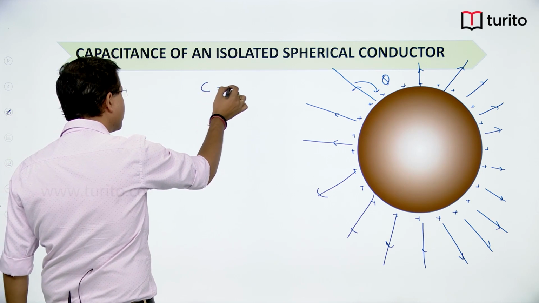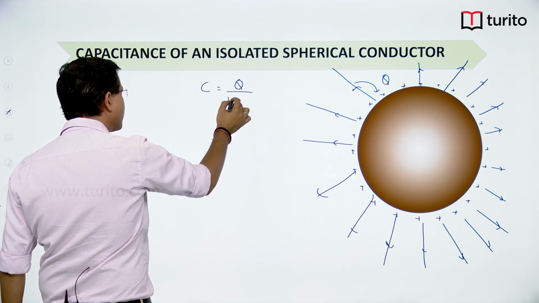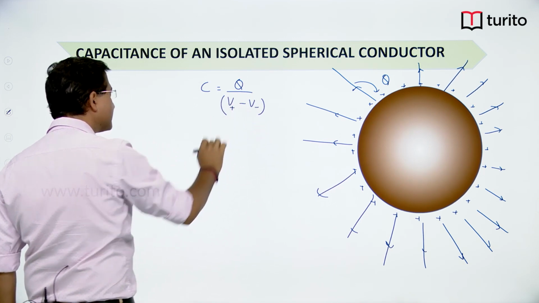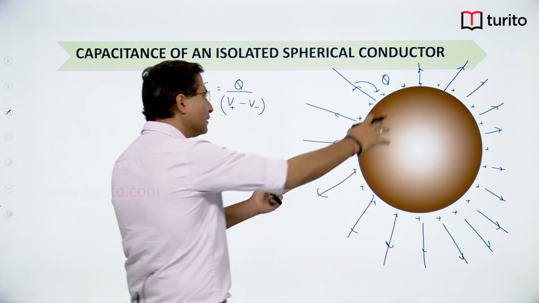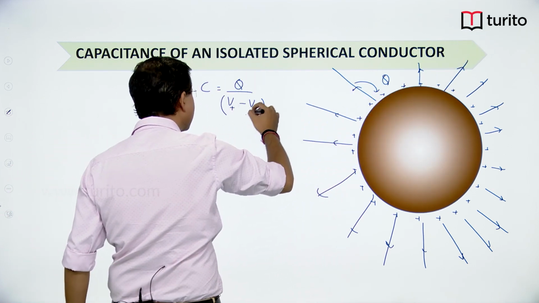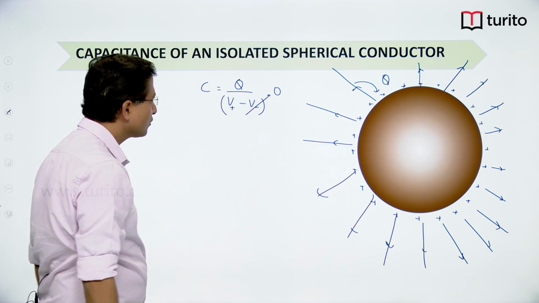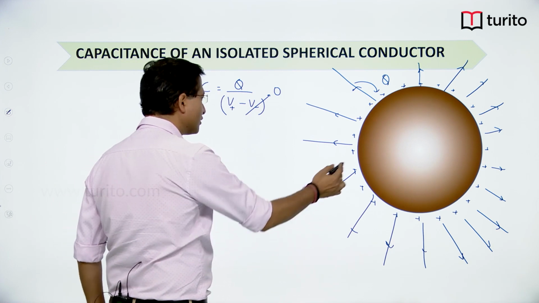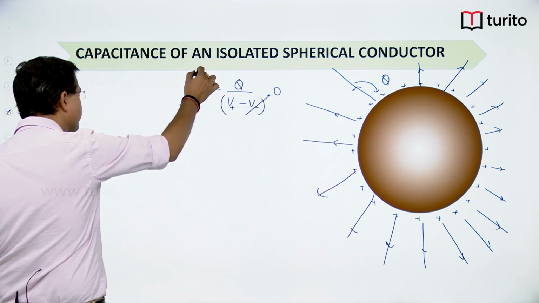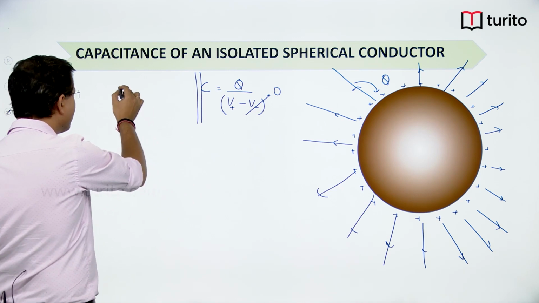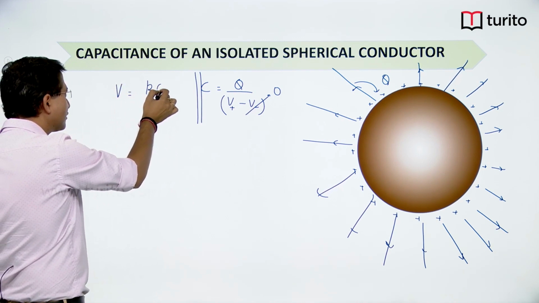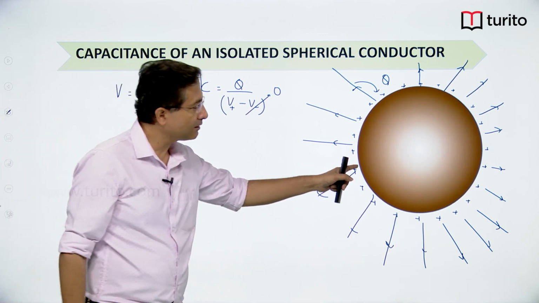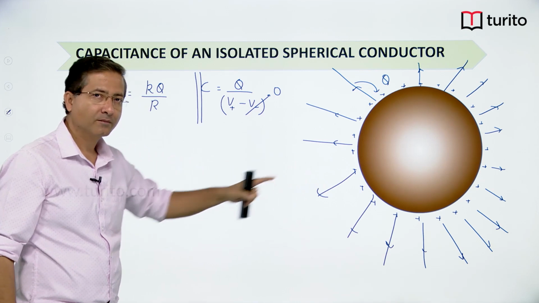And what is the capacitance? So, capacitance of the arrangement is charge what you give divided by potential difference what we get, V plus minus V minus, second one is at infinity. So, potential there will be 0, right, here I can write 0. So, I need to just write the potential of this one, potential of this sphere once charge q is given. So, V is equal to kq divided by r, that will be the potential of this conductor. I will substitute the value of potential here.